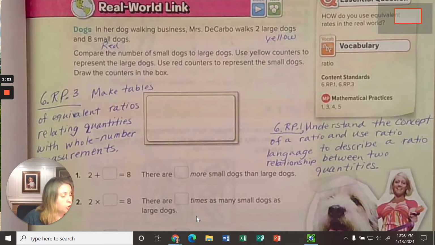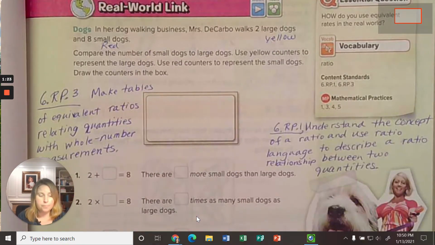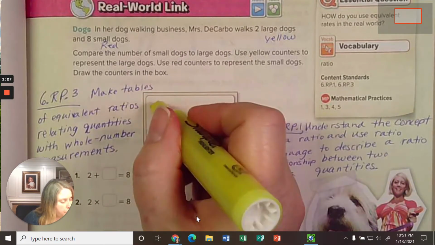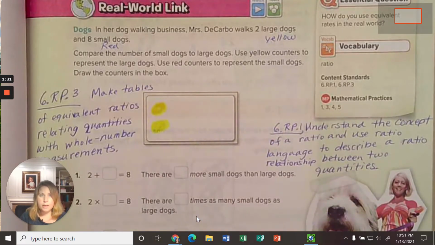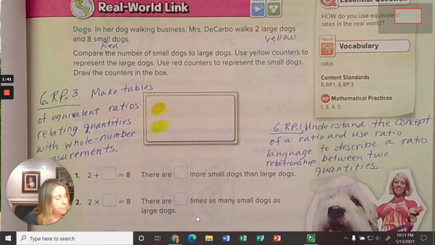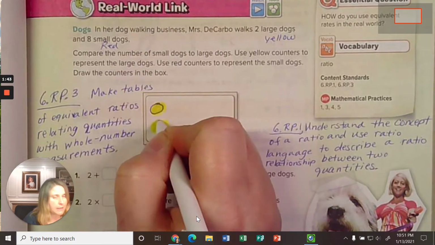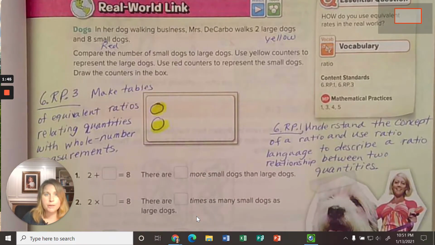And we know she has 2 large dogs, so we'll just use a highlighter to make 2 yellow circles, and then 8 small dogs. And because I know I'm going to be looking for proportional relationships, let's make that stand out a little bit more because yellow is so hard to see.